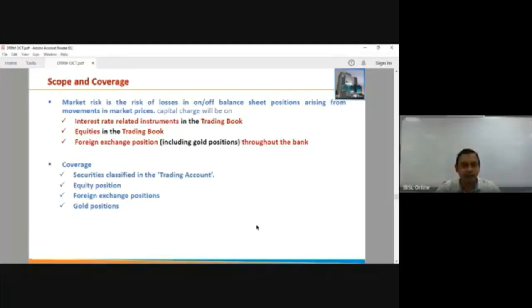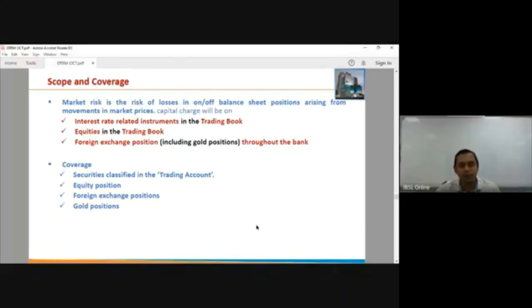Then with regard to the foreign exchange position, we take the entire bank, whether it's in your trading portfolio or in your HTM portfolio. For foreign exchange position, we take the entire book. But for interest rate related instruments and equity price related instruments, we take only your trading portfolio for this computation.